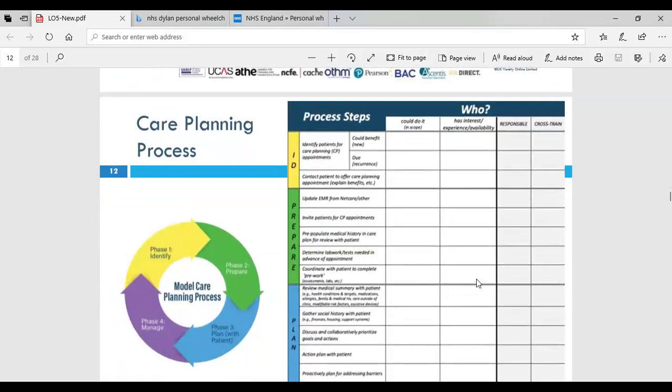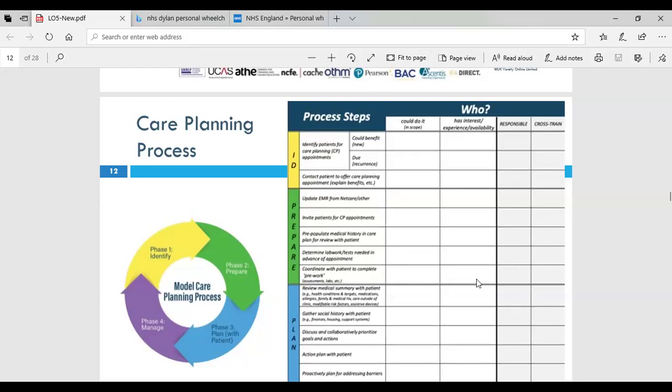So the care planning process has different phases. This is a model that I've shown you. It's like a wheel, in which in phase 1, you identify certain aspects of care. Phase 2, you prepare for making the plan. Phase 3, you plan with the patient.